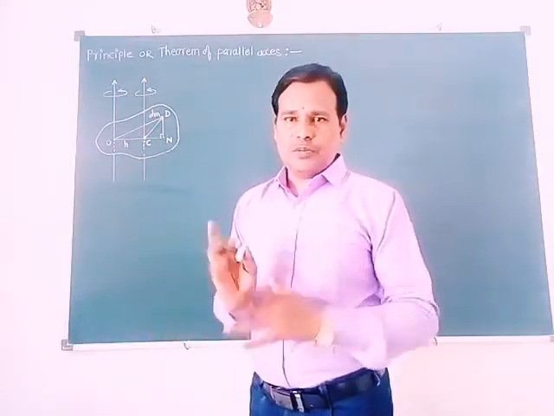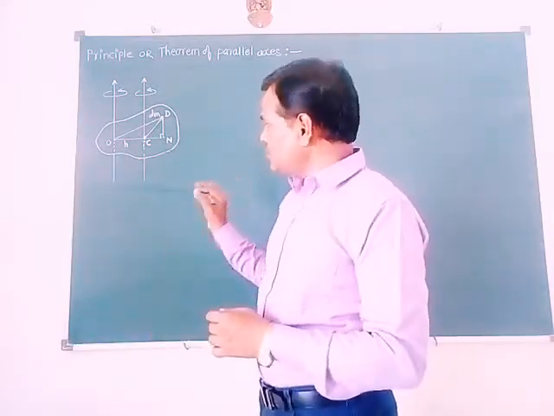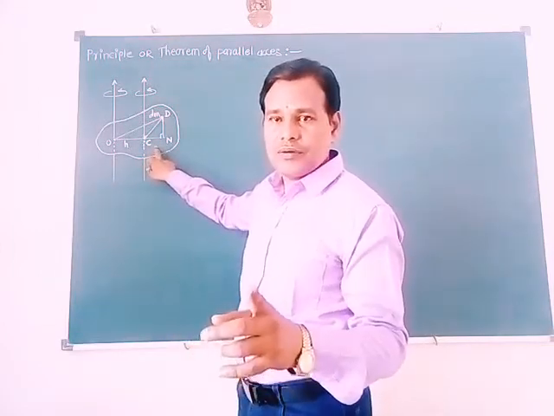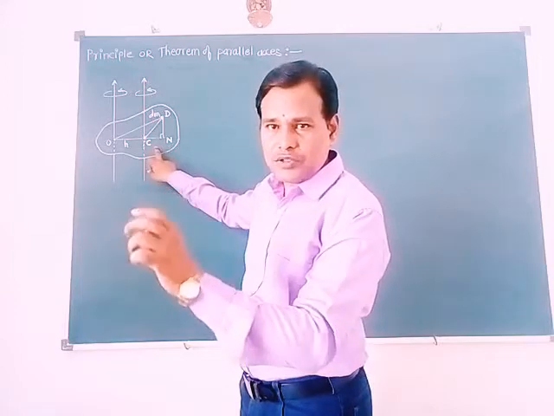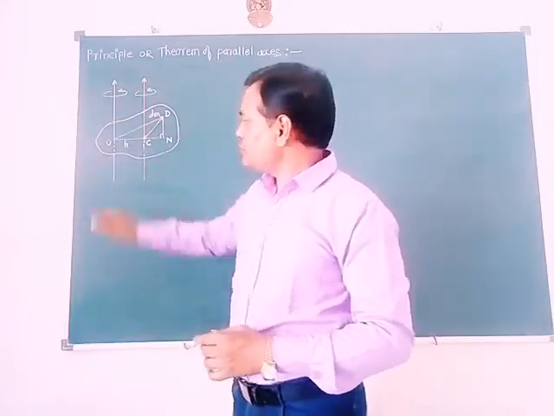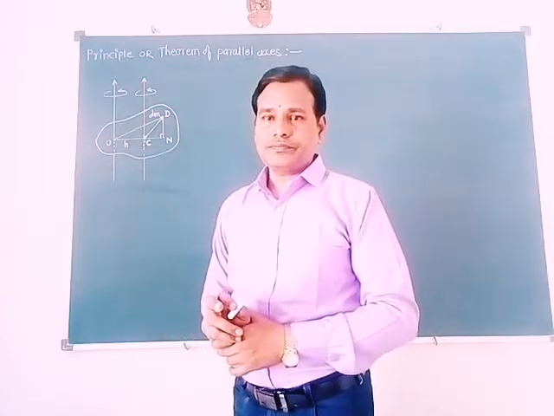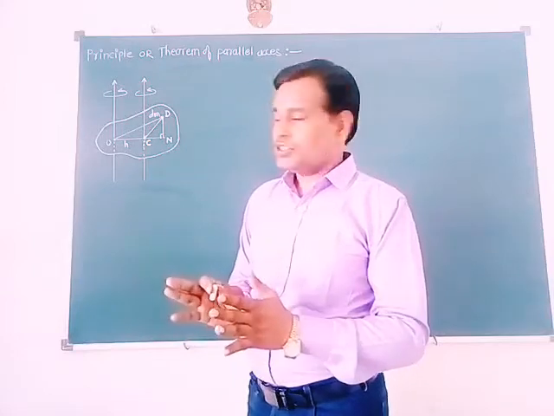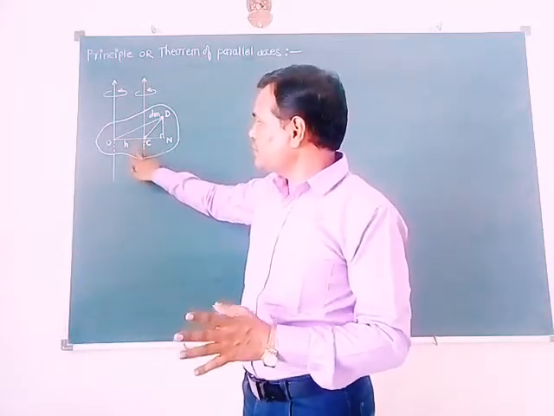Consider a rigid body first rotating about the axis passing through point C, where C is the center of mass of the body. Consider another axis passing through point O. These two axes are parallel to each other and separated by a small distance h.